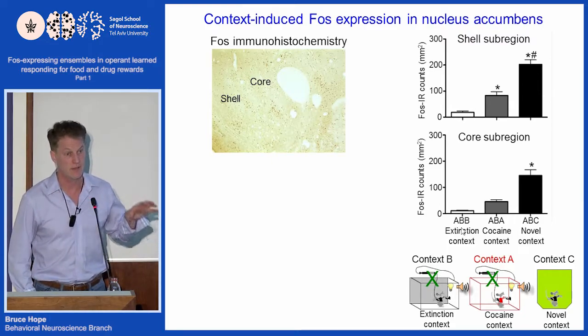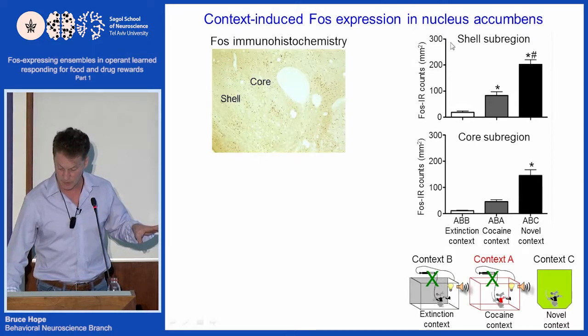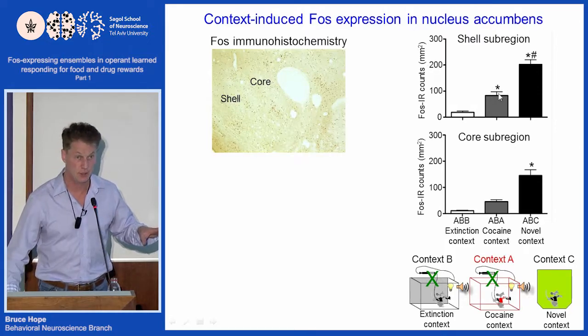When we look at the Fos expression using immunohistochemistry, what we see is the following. In the extinction environment, where they don't get drug, there are very low levels of Fos expression. When we look in the drug-paired environment, context A, we see an increase in the amount of Fos expression.